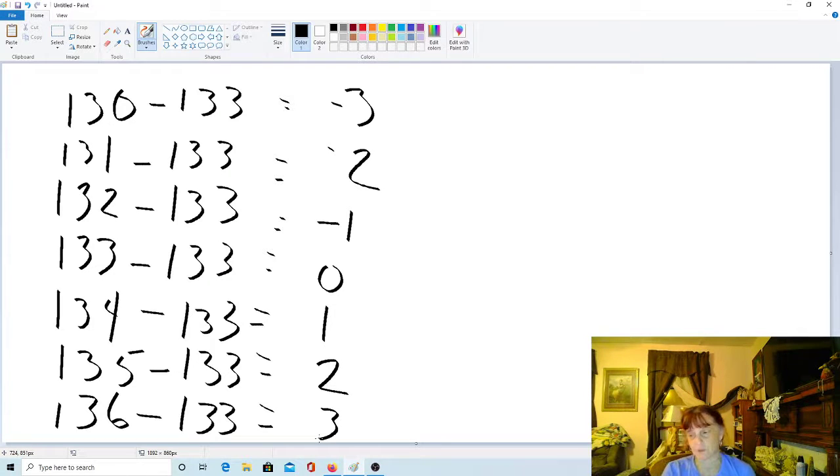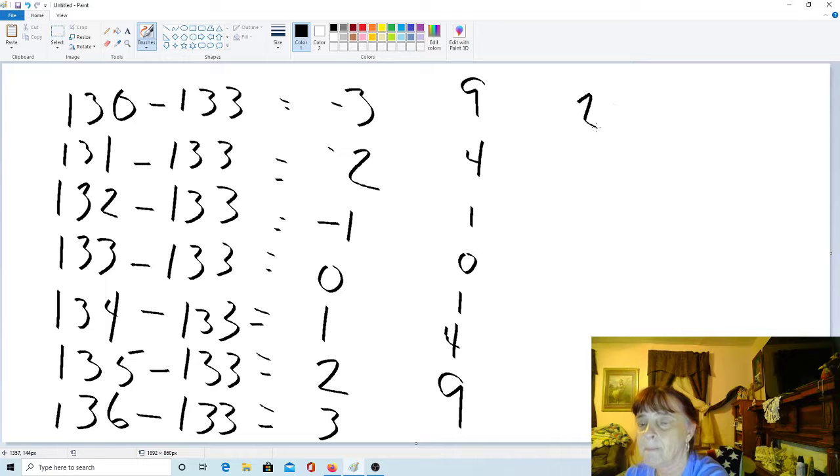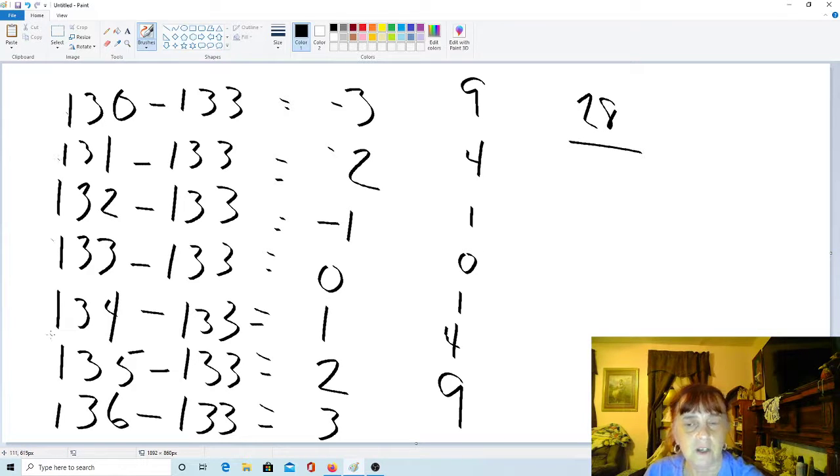And you square those numbers. If you square them, you get 9, 4, 1, 0, 1, 4, and 9. Now, if you add all those up, 9 plus 4 plus 1 plus 0 plus 1 plus 4 plus 9 is 28, divided by 6.